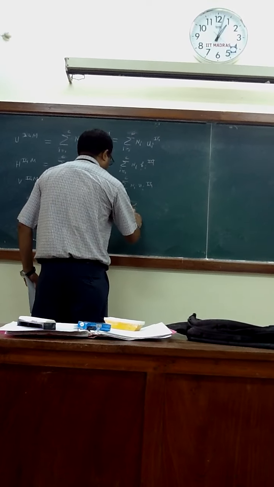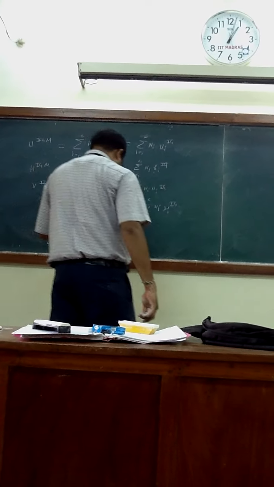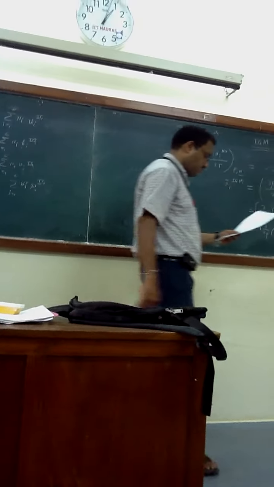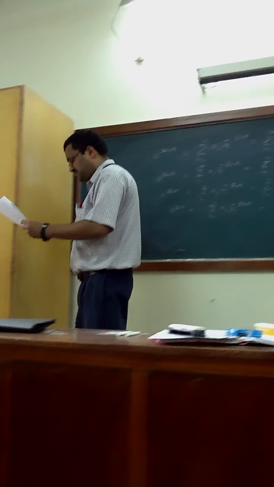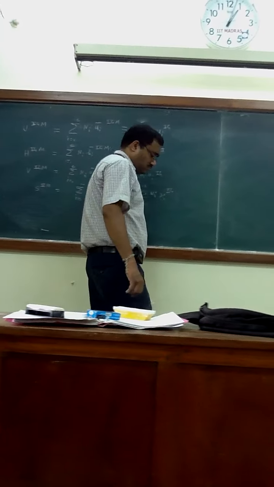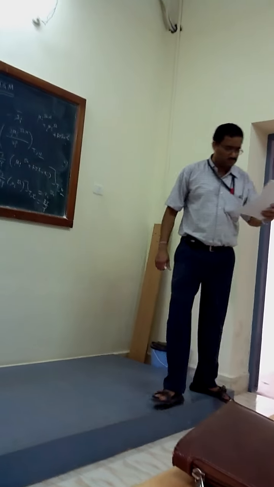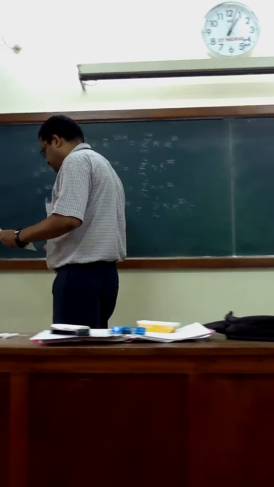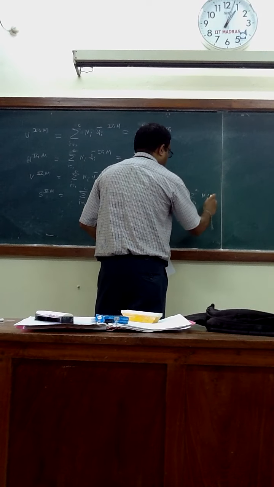Summation i equals 1 to C of n_i S_i^ig minus summation i equals 1 to C of n_i R ln x_i.